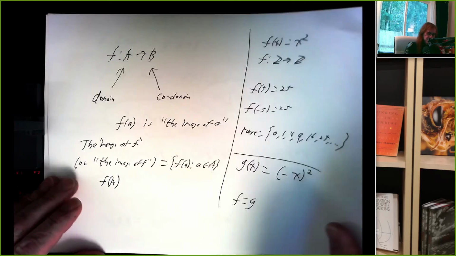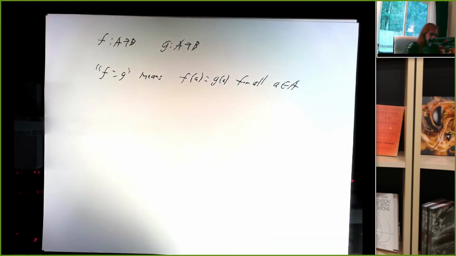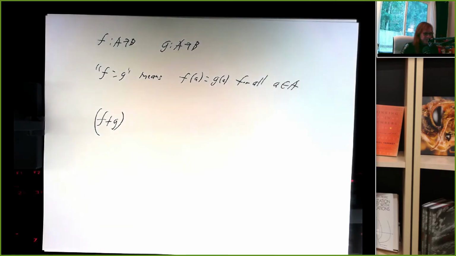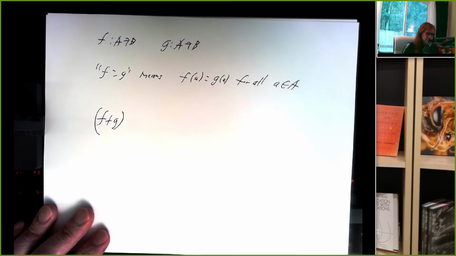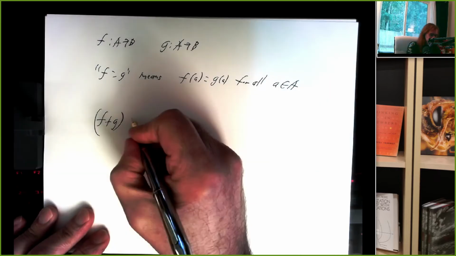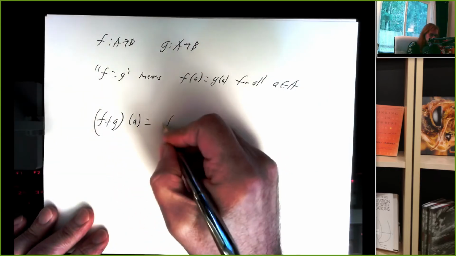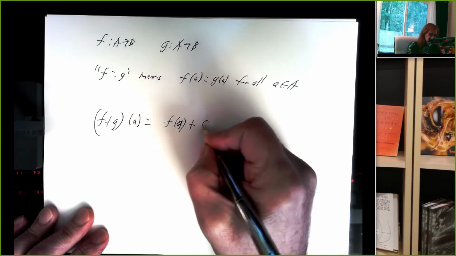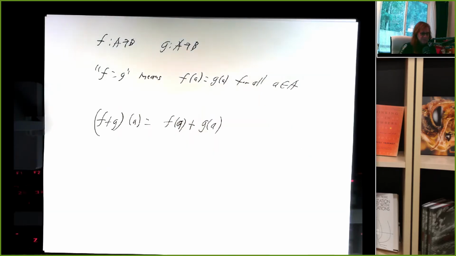We can add functions. We can define a new function f plus g. And f plus g of some point a is just going to be whatever f takes a to plus whatever g takes a to.